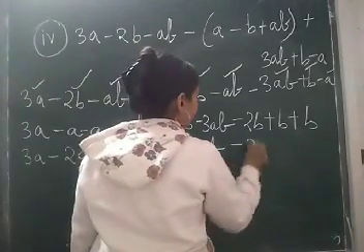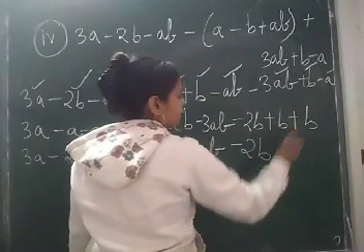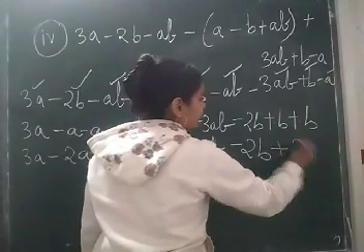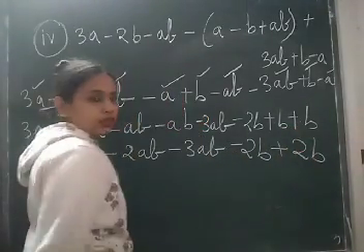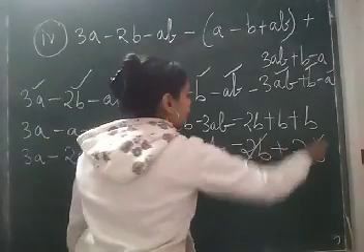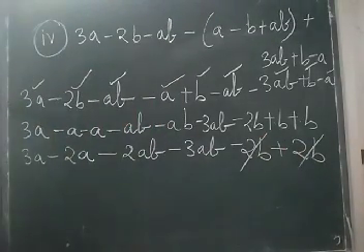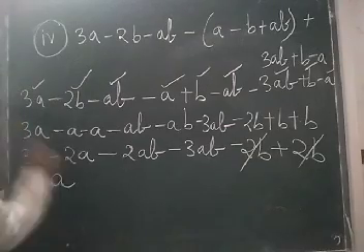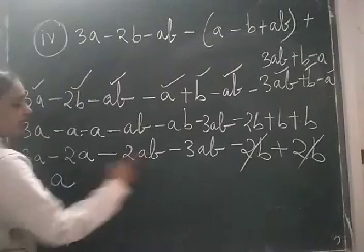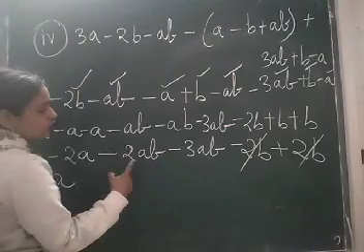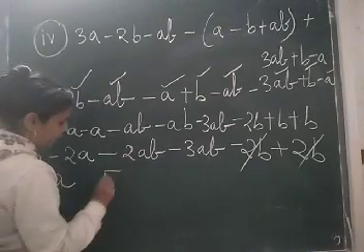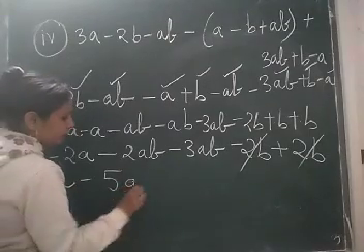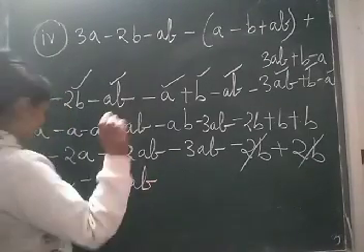And this is minus 2b and plus plus is plus. So 1 plus 1 gives us 2b. So minus 2b plus 2b gets cancelled. And 3a minus 2a gives us 1a, that is a, and minus minus becomes plus. So 2 plus 3 gives us 5. Both are negative, so the answer is also negative. 5ab. That's it.